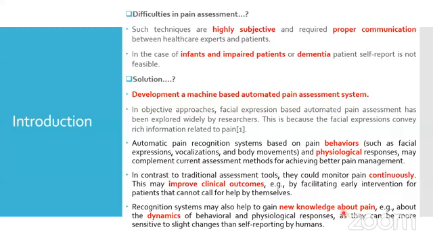This will not only help us to understand the severity of the pain, but it also gives us an opportunity to understand the dynamics of the pain. Because when you are measuring the pain by using such a computer based system, you'll be monitoring it 24 by 7, right?